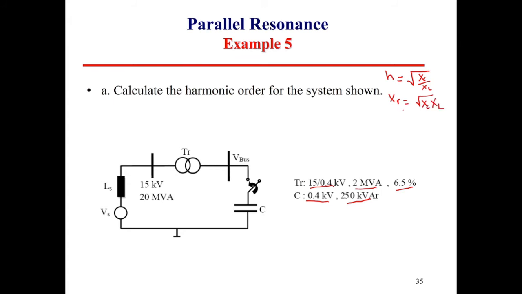And then of course we're going to find R. This is a series resonance, so we know that the quality factor Q is equal to XL over R.